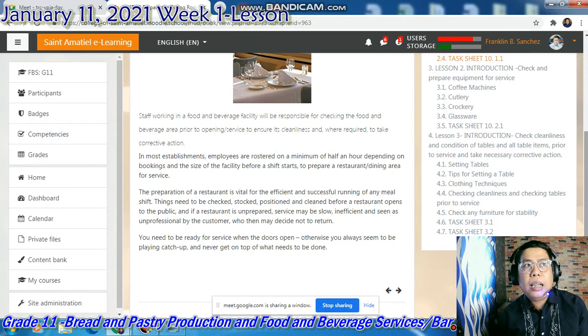So dito pa lang tinitrain na kayo to how to be responsible enough. Diba? Para pagdating sa trabaho, alam nyo na yung lahat ng mga adjustments at saka lahat ng gagawin. Diba? So ngayon pa lang tinitrain na namin kayo on how to comply the requirements, diba? And then to submit all the requirements and then to follow the instruction properly kasi pagdating po sa restaurant or pagdating sa trabaho, ganyan.